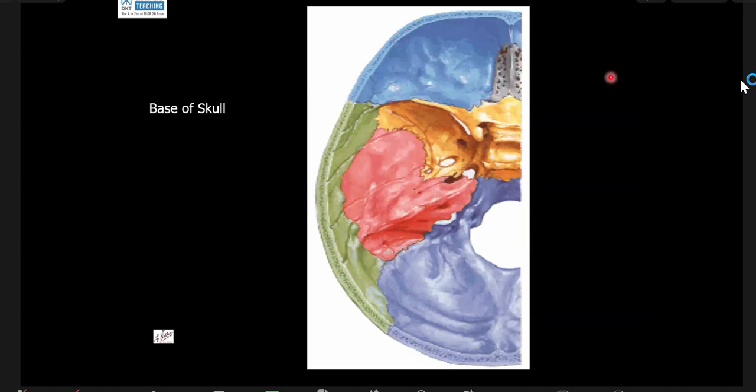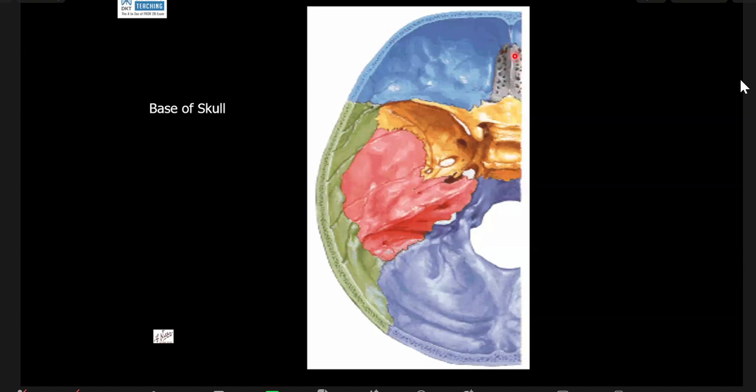Now we come to the base of the skull. The base of the skull is made up of five bones. Three of them are midline, so single, and two of them are paired. The paired bones include the temporal bone, right and left, and the frontal bones.